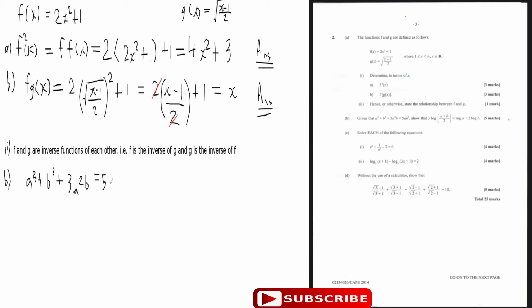And then we need to use that to show that 3 times the log of a plus b over 2 is equal to log a plus 2 log b.